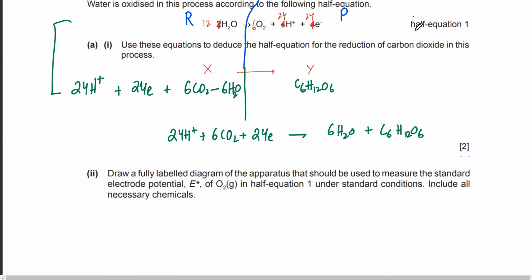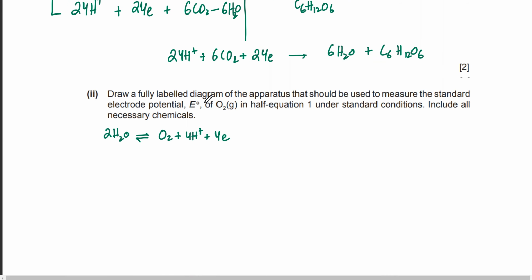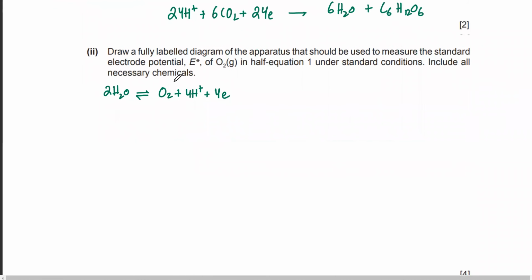It's 2 H2Os, and since he's talking about the electrode, I'm going to put a reversible sign. It's O2 plus four H+ plus four electrons, right? He's saying, how would you measure the E naught, the electrode potential of O2 in half equation one? This one is a gas, and this is aqueous.